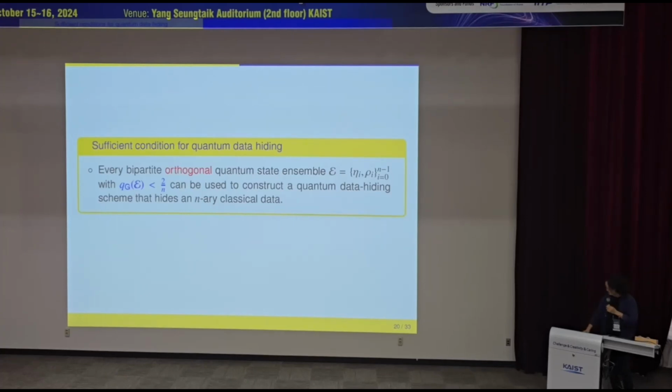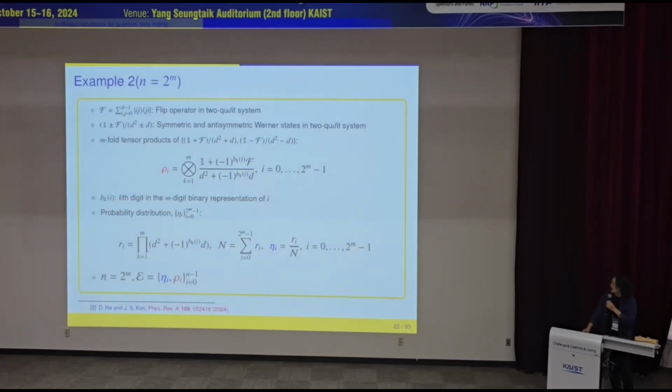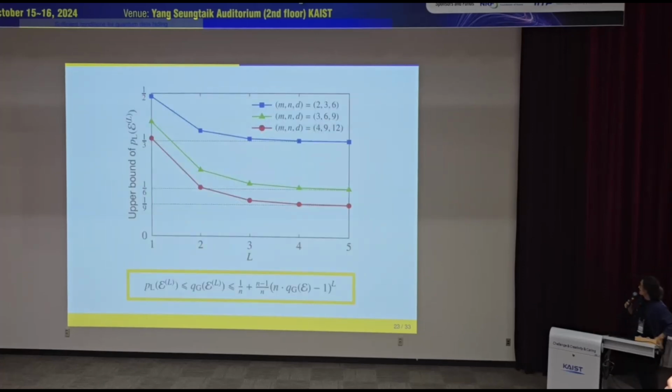And in fact, if n is not exactly a power of 2, then we can use some of the states here to do quantum data hiding. So this is actually true for any arbitrary integer n. And this is a graph of how rapidly the P_L of epsilon_L tends to random guessing.